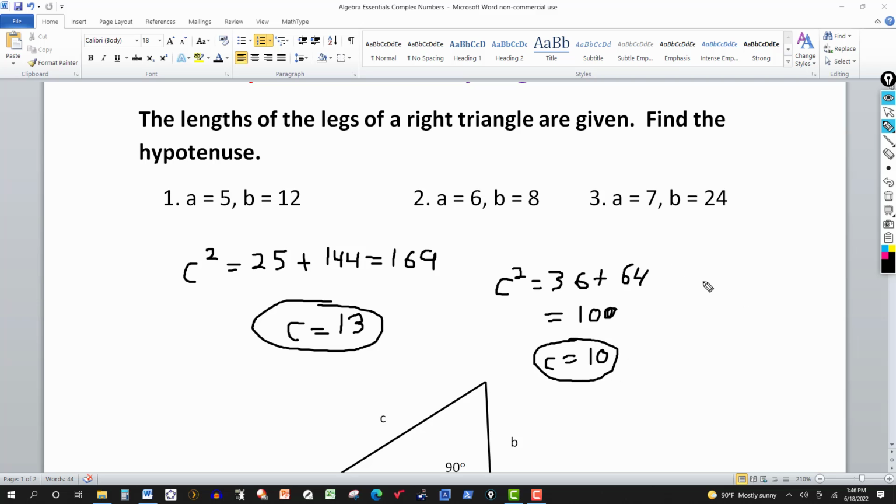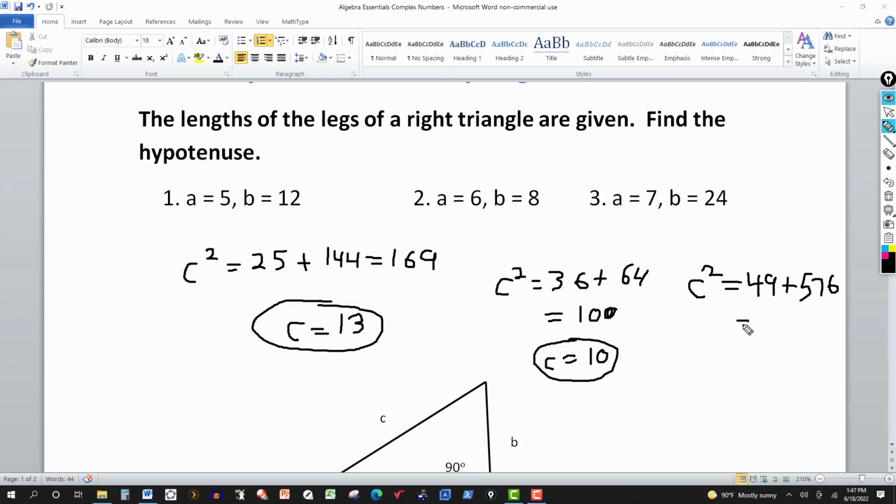And then for the third one, we're given the legs to be 7 and 24. So C squared is equal to the sum of the squares. 7 squared is 49, plus 24 squared is 576.